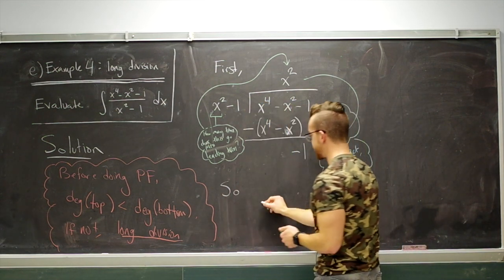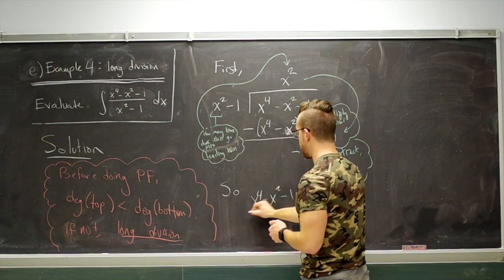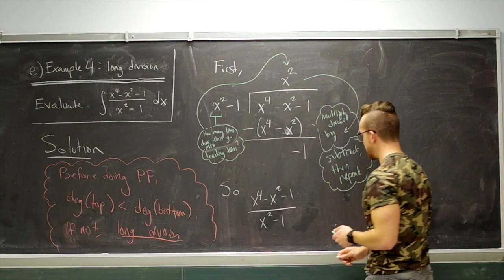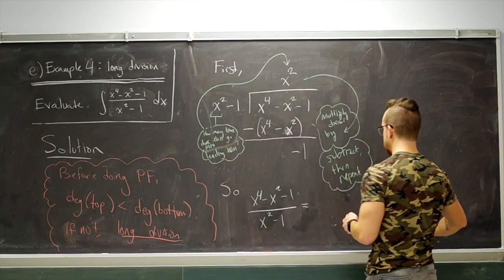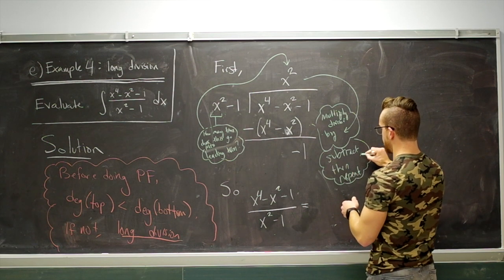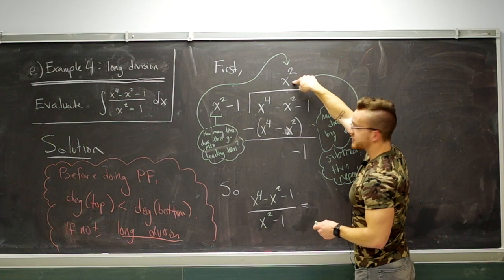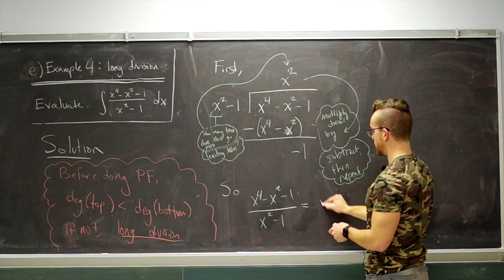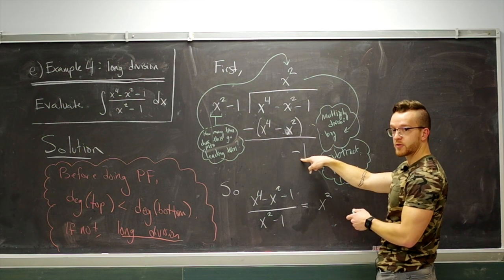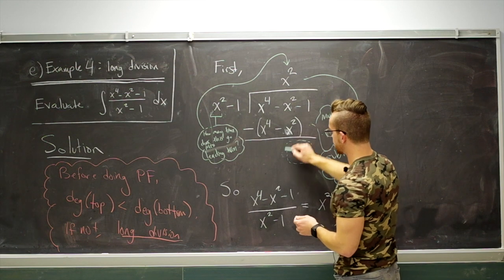In other words, this says that x to the fourth minus x squared minus 1 divided by x squared minus 1 is, what do we get? We get x squared, but with a remainder of negative 1. So this term right here is the remainder.